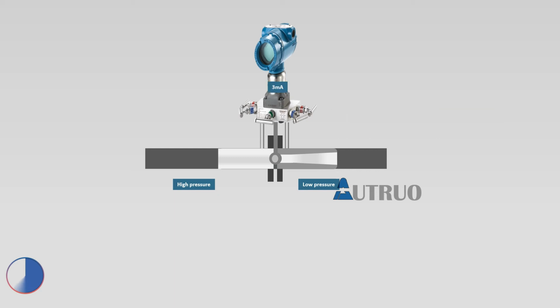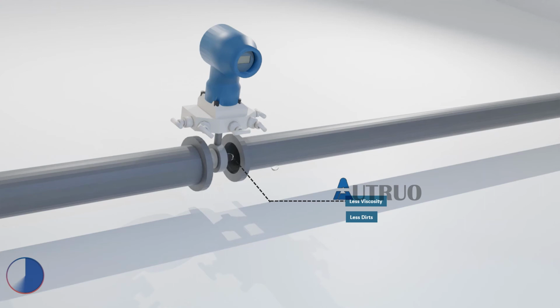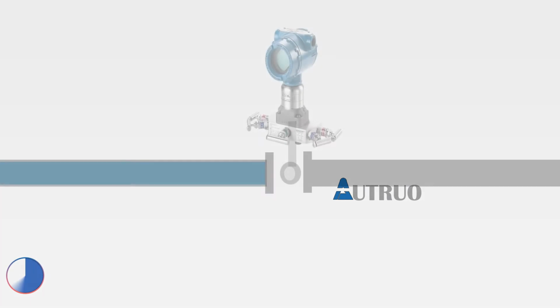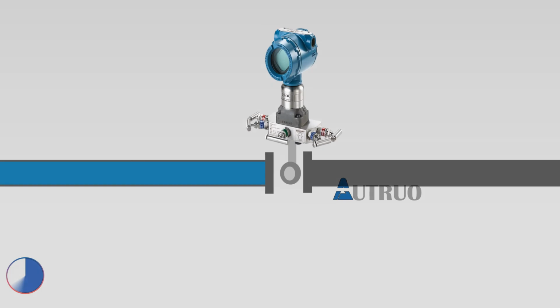The measured values will be sent to the DP for further processing. A DP transmitter will work best with liquid that has low viscosity and is also free from dirt. Hence, in some setups, filters are usually put just before the DP transmitter.